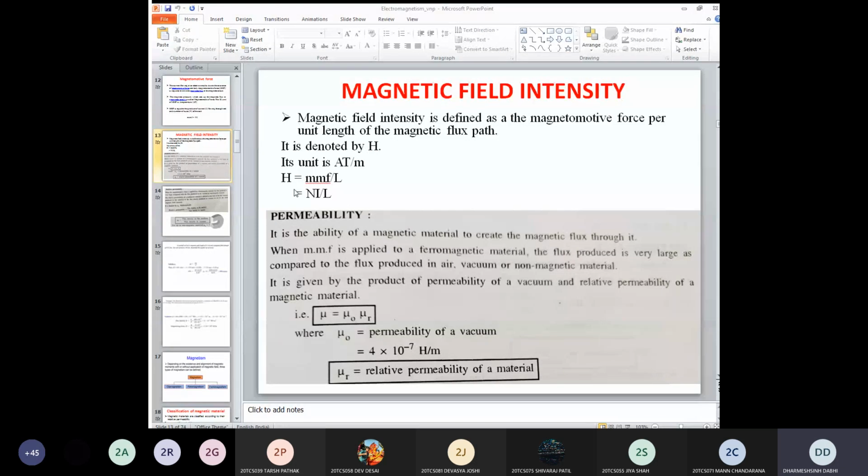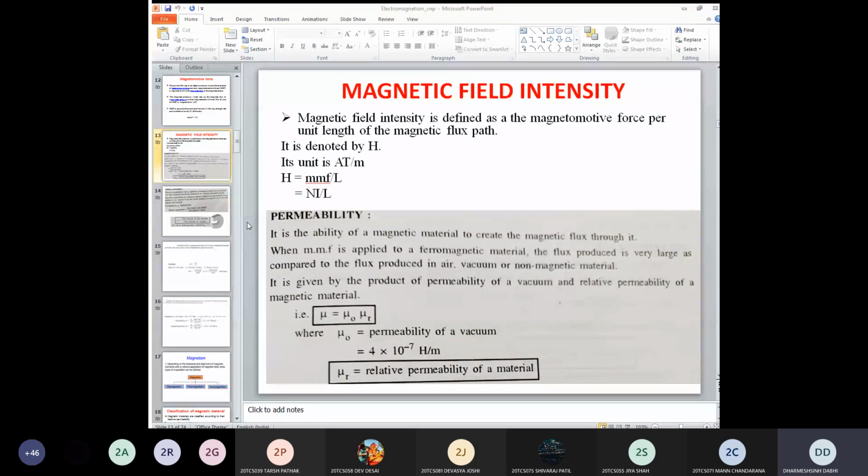That is called magnetic field intensity. The unit of magnetomotive force is ampere turns, so per unit length it means ampere turns per meter. It is denoted by H. So the equation of magnetic field intensity is MMF per L. Here L is the length, not an inductor. Keep in mind this. It is N I by L, or you can write small l. So this is the equation.